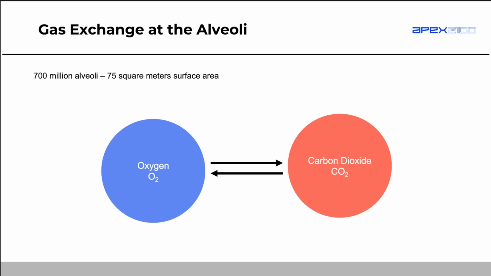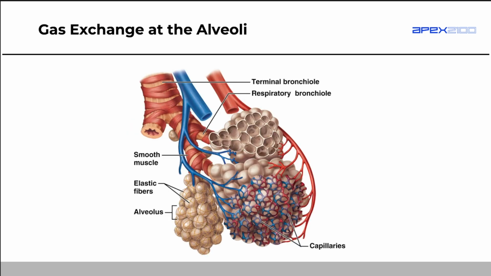We have about 700 million alveoli, which makes up about 75 square meters of surface area for this gas exchange to take place. So it's important to remember that the alveoli are all covered in these capillaries, these tiny little blood vessels, and oxygen diffuses from the alveoli into the capillaries, and carbon dioxide goes the other way around.